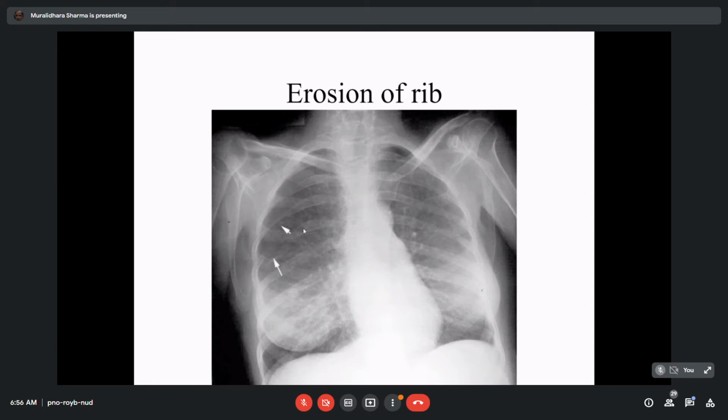Or in the thoracic cage, there could be some abnormalities of this sort, like a rib may be eroded. In this case, if you look at the fourth and fifth rib, to count the ribs, usually the sternocostal junction corresponds to the second rib, and below that you have to count.